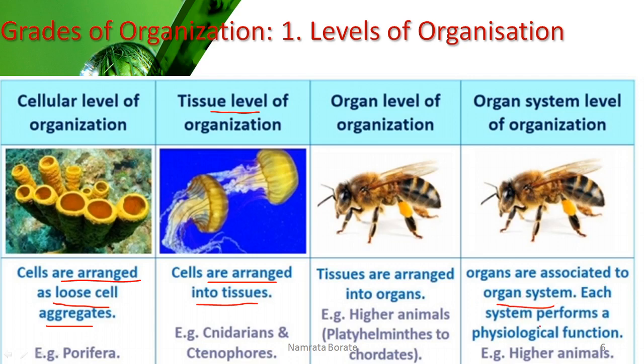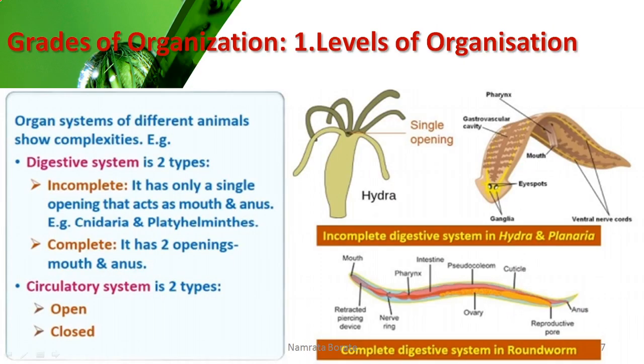Each system performs the physiological functions and it is observed in case of the higher animals. Next phenomena we see in the level of organization, the organ system of different animals shows the complexity.